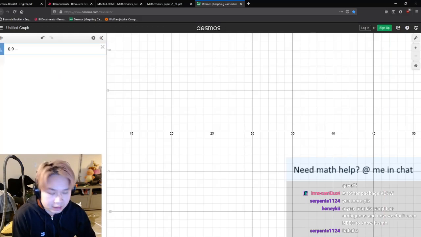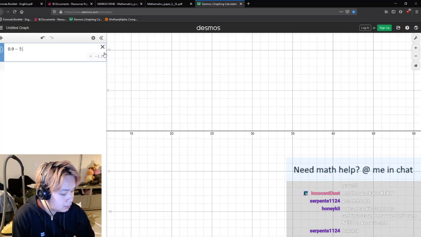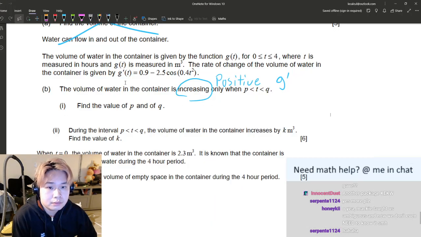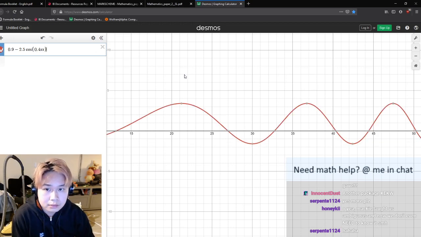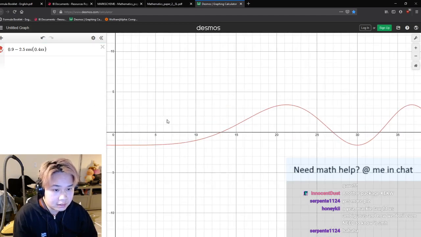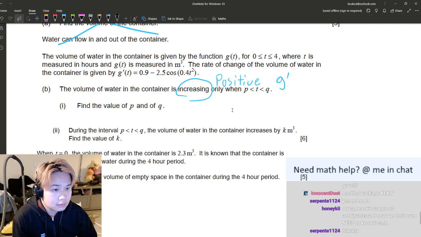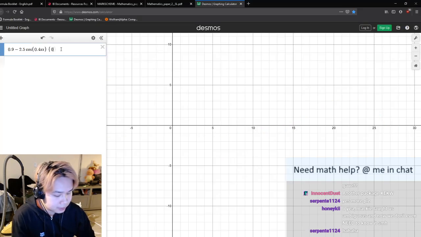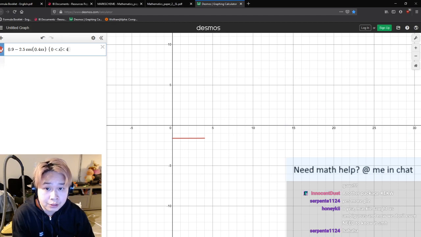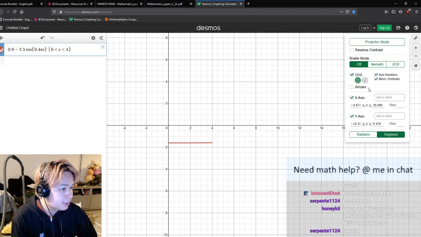So 0.9 minus 2.5 cosine of 0.4 t squared, and this is from 0 to 4, so I can specify this is only going to be from 0 to 4. And it looks weird because I need to make sure that I'm in radian mode.